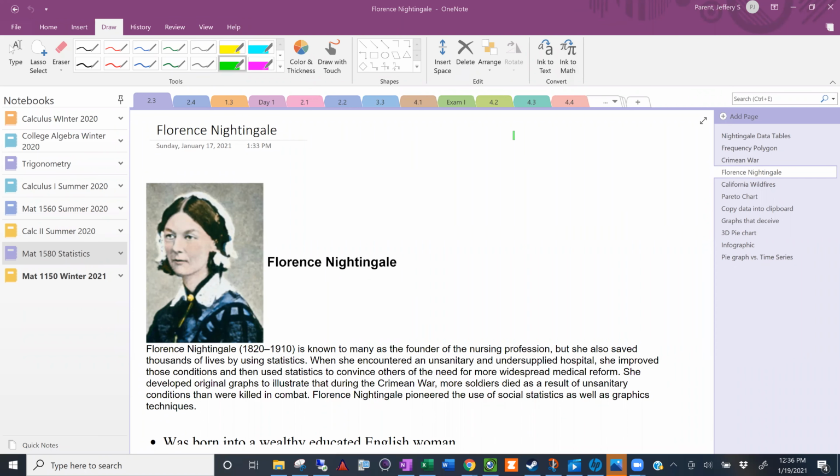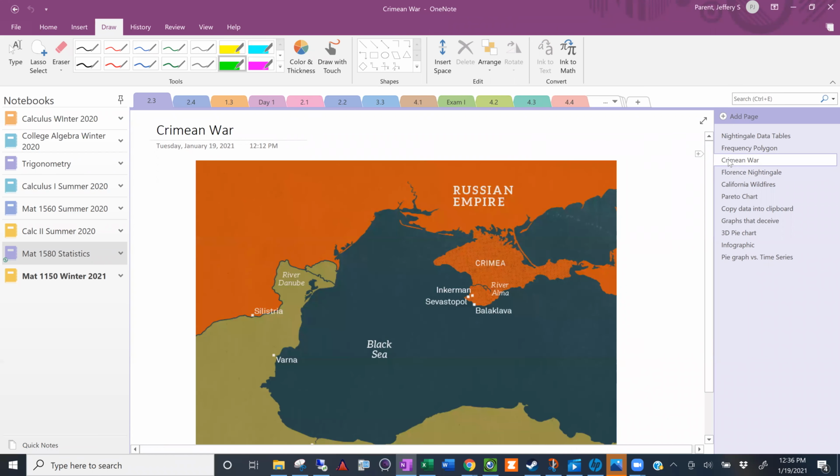When the Crimean War broke out, between Russia and Turkey but with France and England getting involved as well, she took a team of nurses to the Crimean region to help out with the soldiers there. She saw deplorable conditions in terms of sanitization, health, water, and bed linens. It was just appalling.